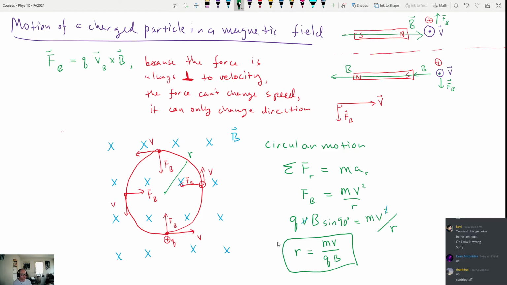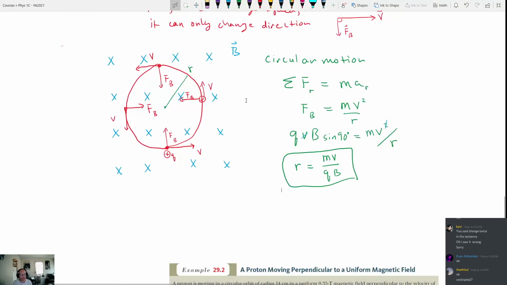And it means that you can actually use magnets to kind of bottle and hold charged particles so that they don't actually touch the surface of a container or something like that. All right. Now, we can also talk about the angular speed, okay? If you remember from Physics 1A, angular speed is found by taking velocity and dividing by radius, okay?